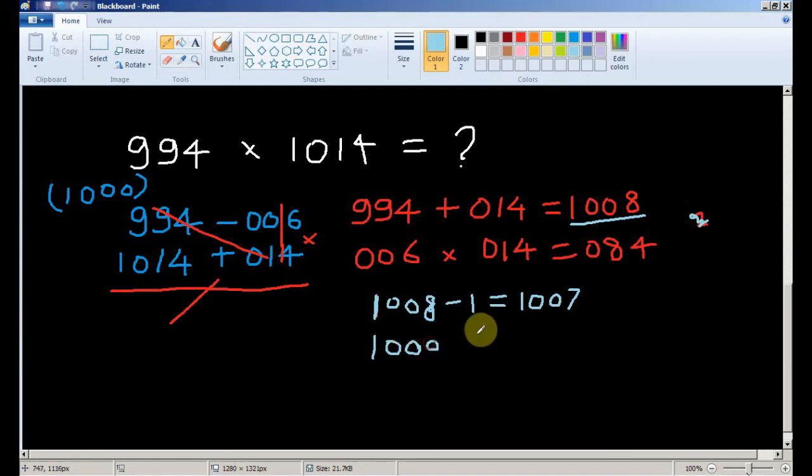Whenever you get an answer like this, subtract it from the base. So 084. Let's do a subtraction here. 10 minus 4 is going to be 6, and then 9 minus 8 is going to be 1, and then 9. So you got your 3-digit number, 916.